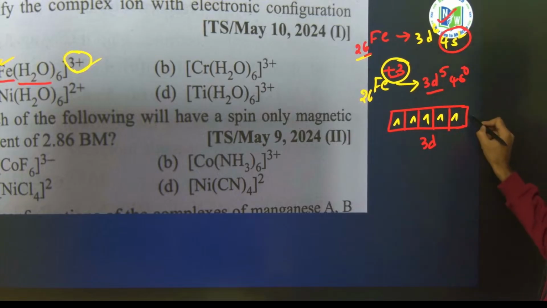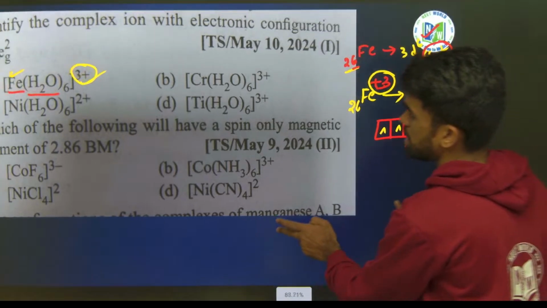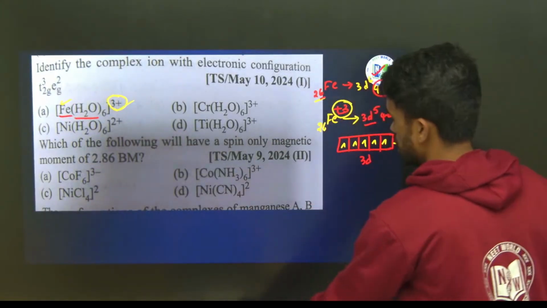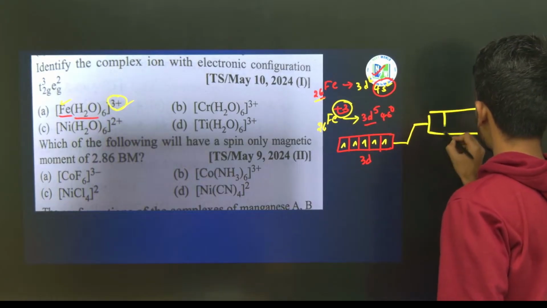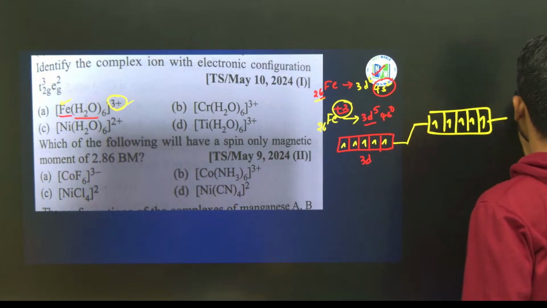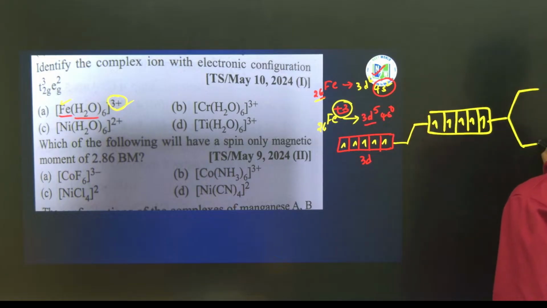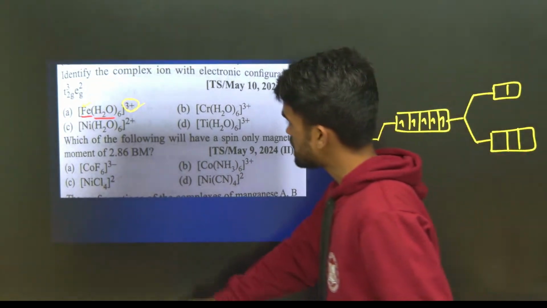Now when we place these d orbitals in the ligand field, the degeneracy will be lifted and they will split into 2 energy levels. One is called the t2g set, another one is the eg set in octahedral. Now tell me, what is the nature of water?